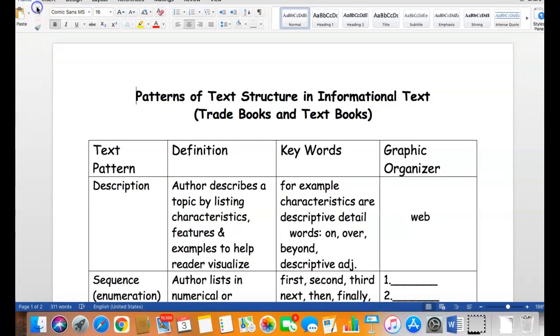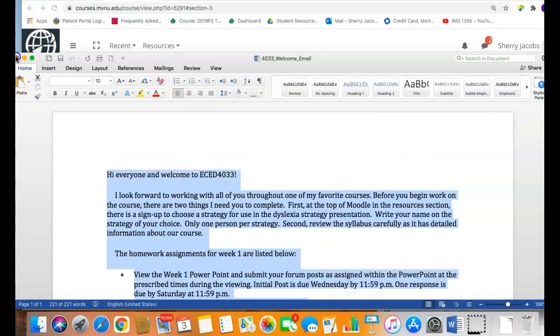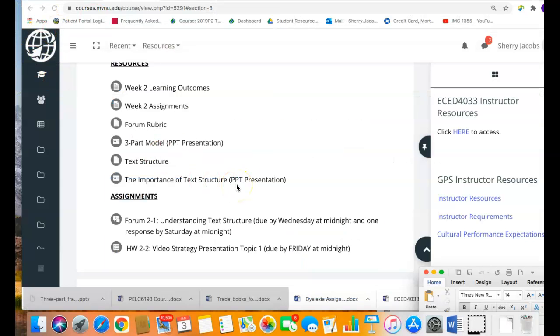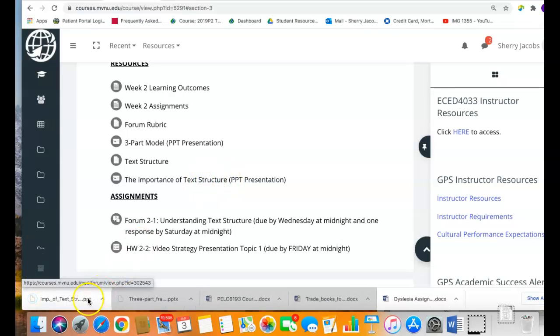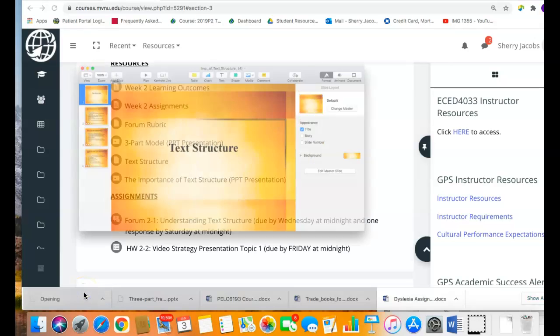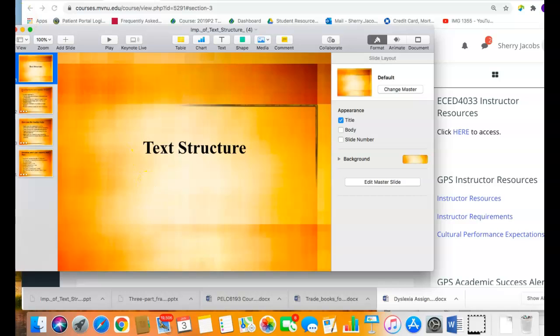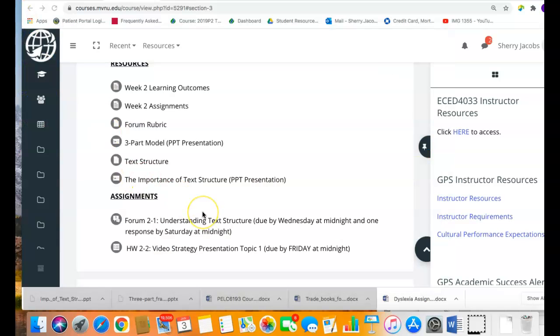I'm having a hard time getting to X that out. There we go. And here's the other PowerPoint on text structure. Again, it's a very short PowerPoint, nothing that is going to take you more than a couple of minutes to read through.